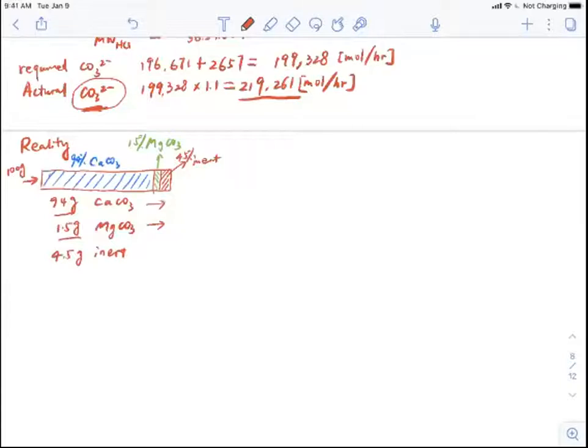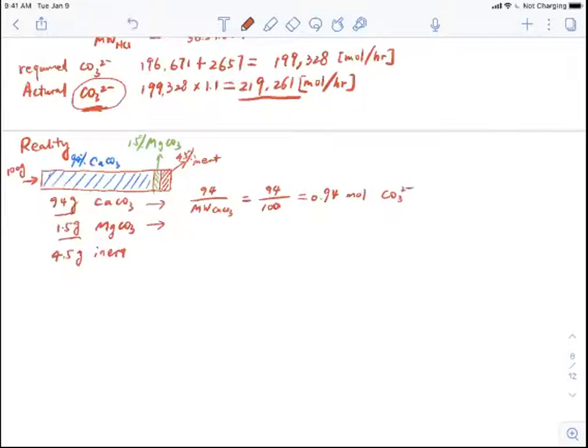For this 94 grams of the calcium carbonate, you just divide it by the molecular weight of the calcium carbonate. So 94 divided by 100, that's 0.94 mole of the calcium carbonate or the carbonate ions, right?